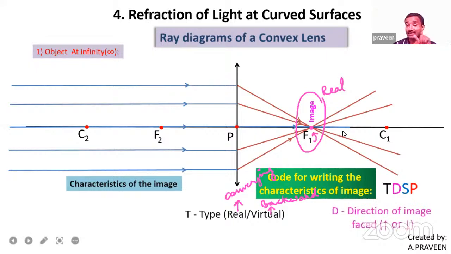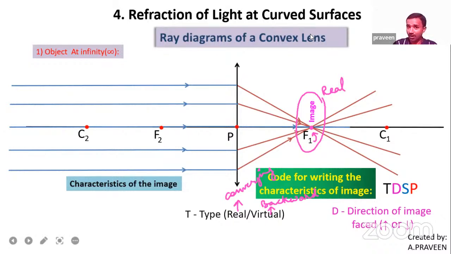What D tells us is the direction of the image, the facing direction of the image. If the obtained image is facing above the principal axis, that is a virtual image, erect. We can write the code as erect.